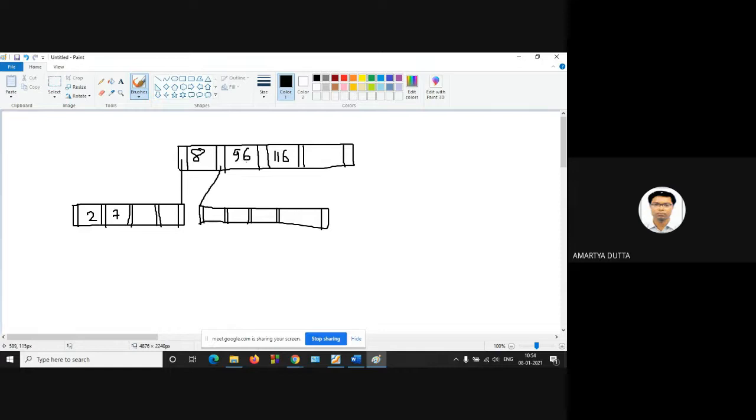Greater than 8 and less than 96. So 37, write down 37 here.